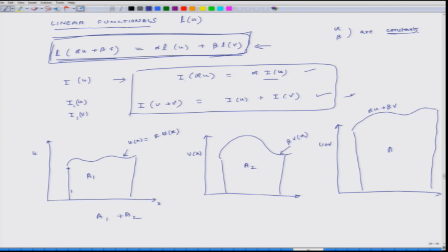Now I am interested in finding this area A3. So I integrate this whole curve and I get A3, and what I will find is that A1 plus A2 will be A3. So in that case what do I say? That the functional I of u, which represents the area under the curve, is a linear functional.